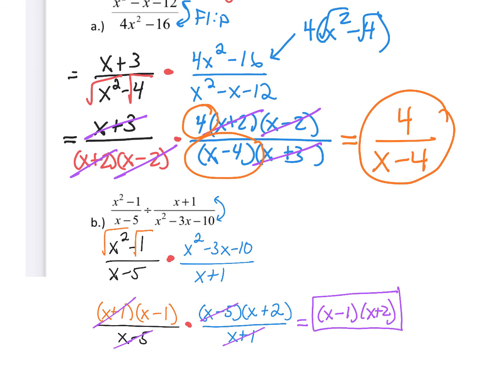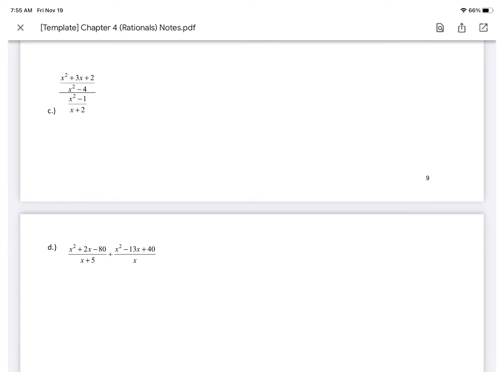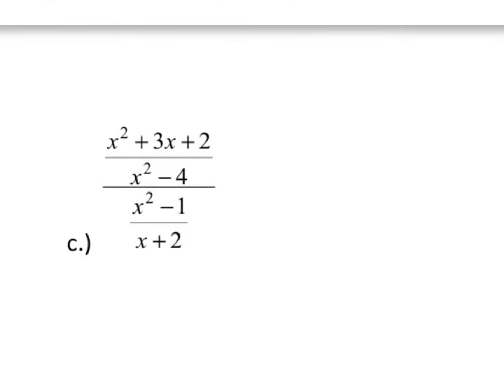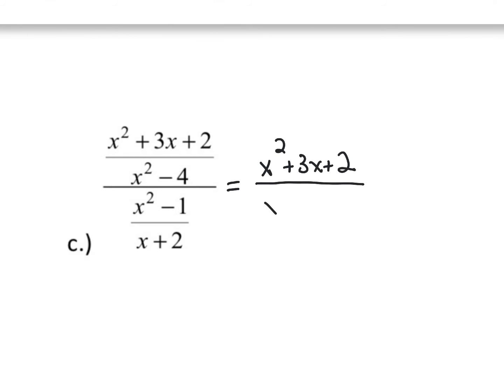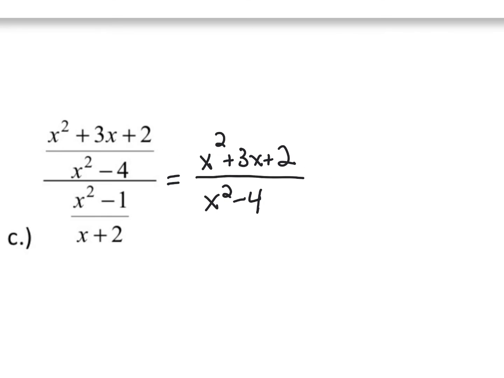Just a little bit of practice now, just getting it in the brains. Alright. Part C. So we write our keep, change, flip. So I keep the first fraction. Change my division to multiplication.